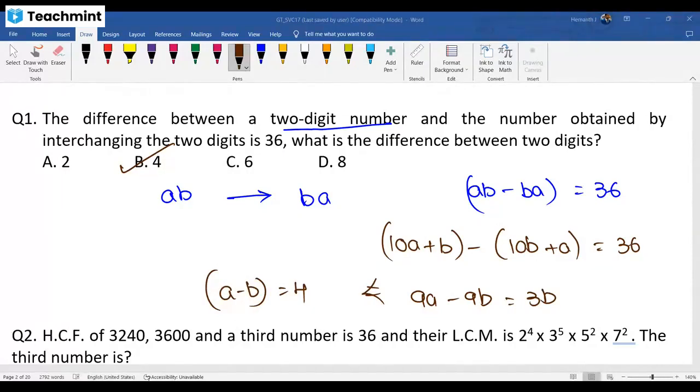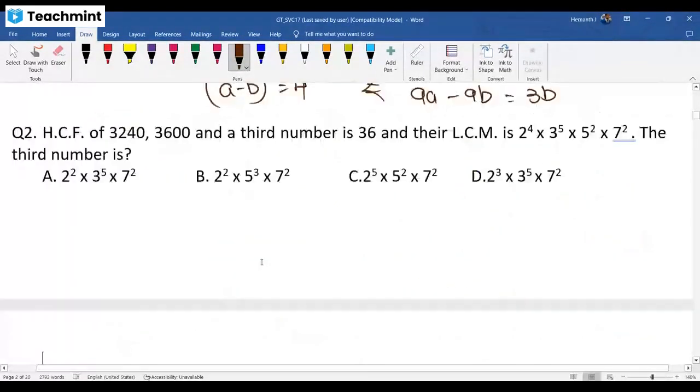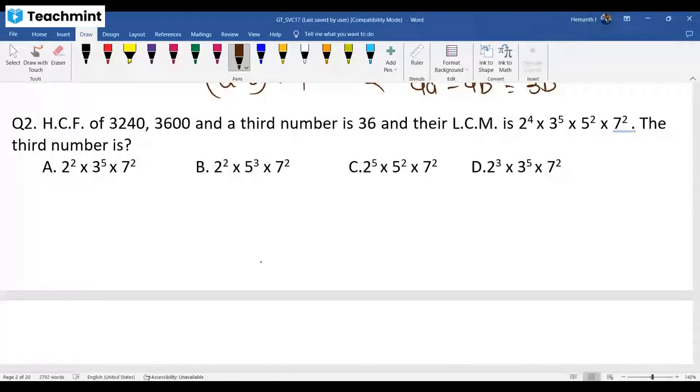Got it? Right. See the next one. They've given the HCF of 3240, 3600 and another number, a third number. The HCF of all these, 3240, 3600 and the third number, let's say Y, is equal to 36.